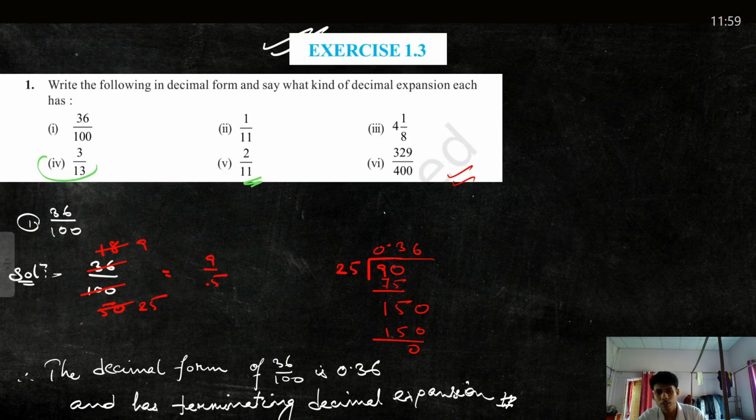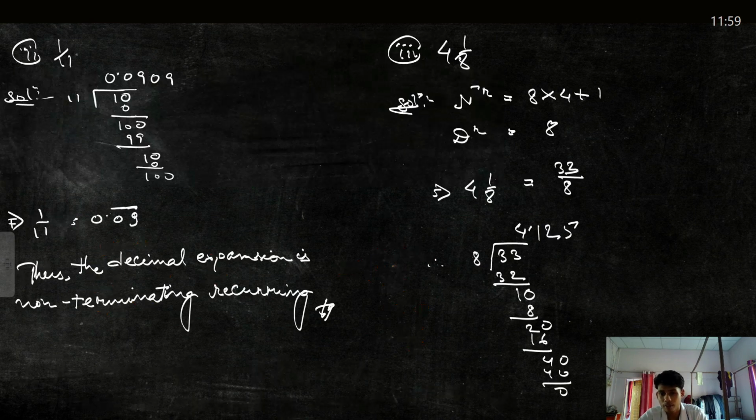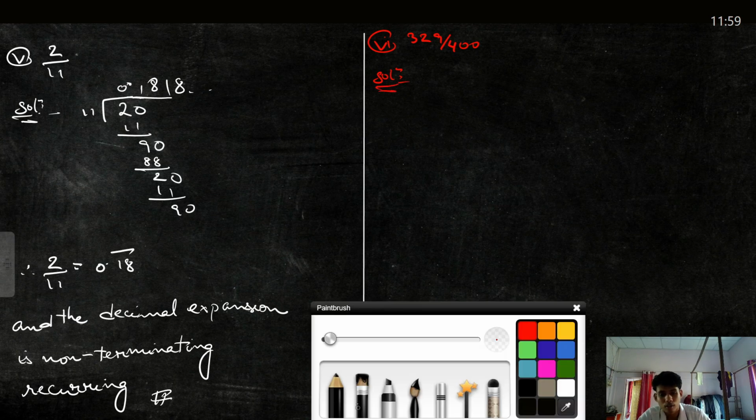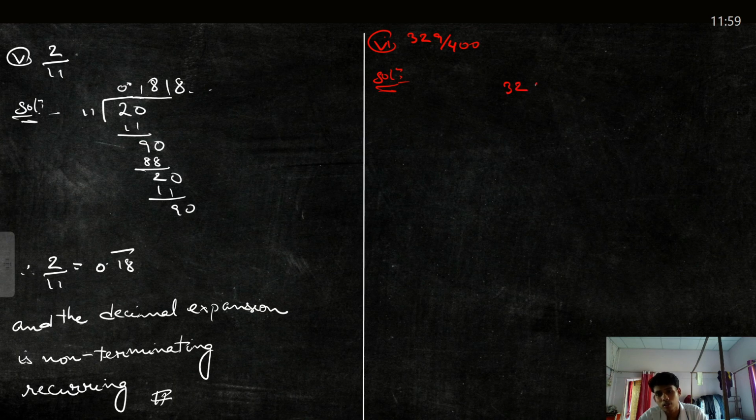Now comes the last question, 329 by 400. Since 329 is less than 400, we have to again make the decimal after 0. Now it becomes 3290.